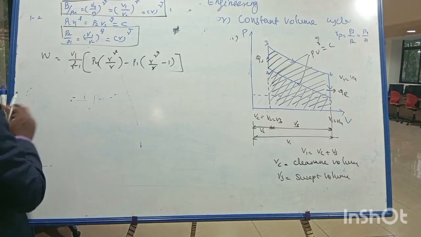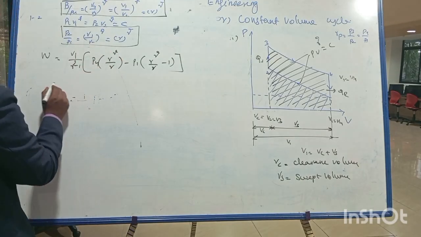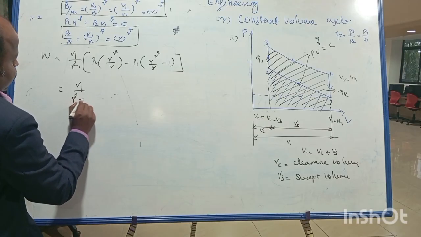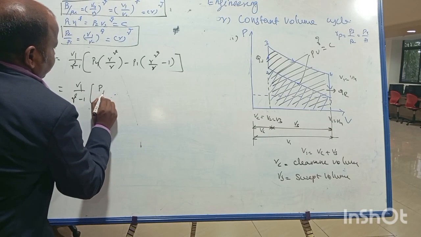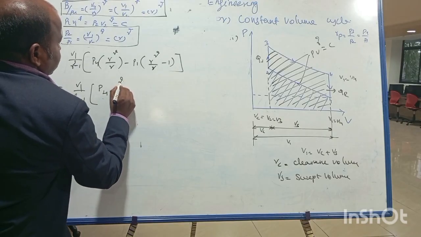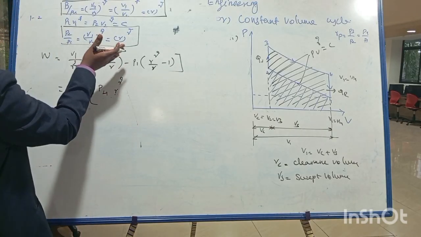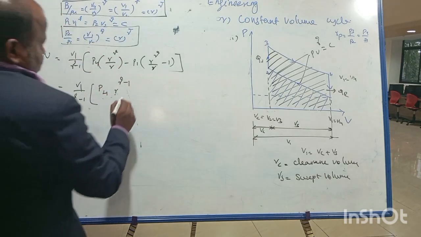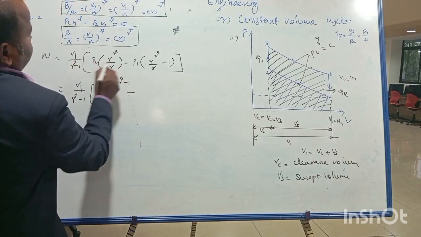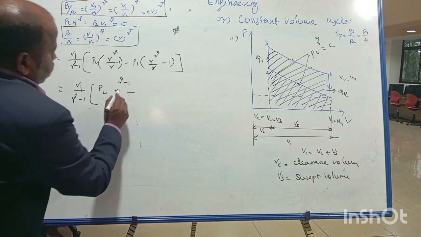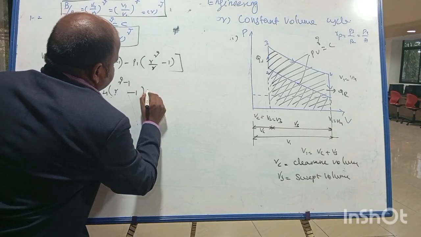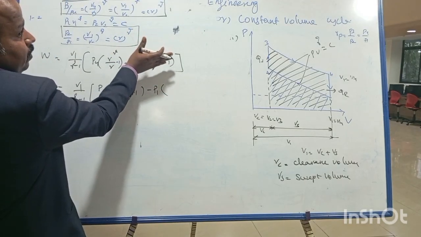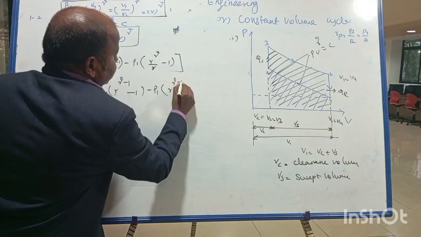Now I am going to take this R to the numerator, that is V1 by gamma minus 1 into P4 into R power gamma. This R, if you bring to the numerator, will become R power minus 1. So R power gamma minus 1, minus 1, minus P1 into this R, again it will come to numerator and become R power minus 1. So R power gamma minus 1, minus 1.